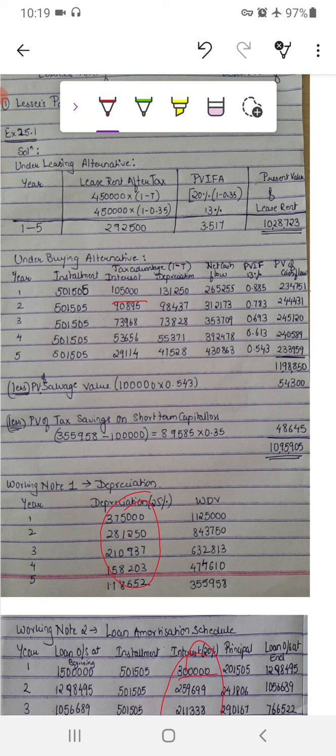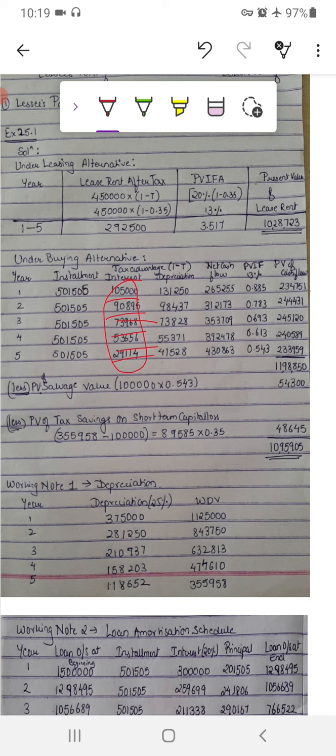So 3 lakhs into 1 minus 0.35, that is 35%. 1 minus 0.35 is 0.65. So 3 lakhs into 0.65 will give us 1,05,000. In the similar way, we have to calculate interest after tax for all the years. So this is your interest calculation, interest after tax.